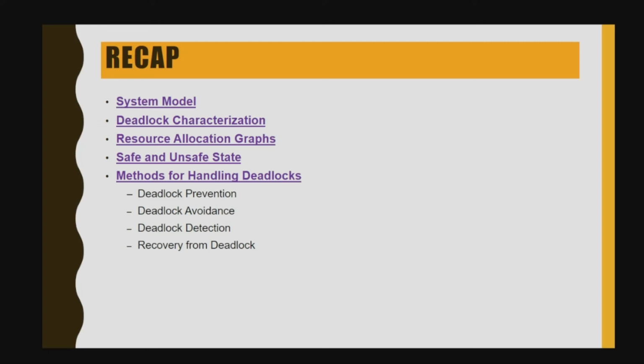We learned about the characteristics of the deadlock, the resource allocation graph, what are the symbols, what is P, what is R, what is V, what is W, what is Pi and Pj, what is the safe state and unsafe state, and then the explanation about the methods for handling the deadlock. We have prevention and we also have deadlock avoidance. So in the next part, we go further into the deadlock methods: prevention, avoidance, detection, and recovery.